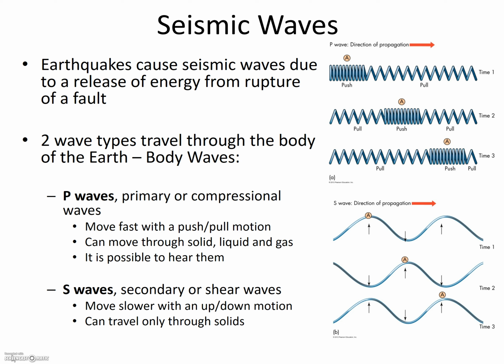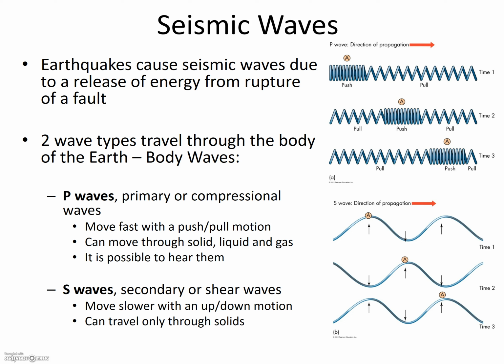They are P waves, primary or compressional waves, and S waves, secondary or shear waves. P waves move fast with a push-pull motion, as seen in this slinky image. They can move through solid, liquid, and gas, and it is possible to hear them.